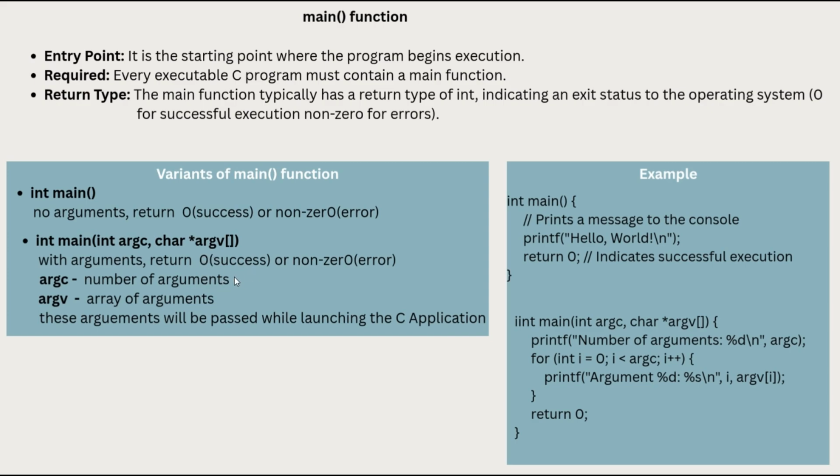If you have arguments in main, while launching the application from the command line or somewhere, you can pass those arguments. Here you can see the example: I have a main function with no arguments that prints and returns 0, and another with arguments, where I have a loop and print all the arguments. You can refer to this example and try it yourself.